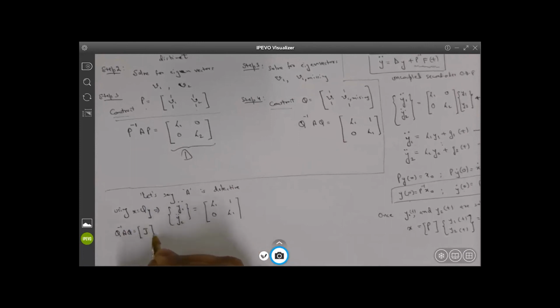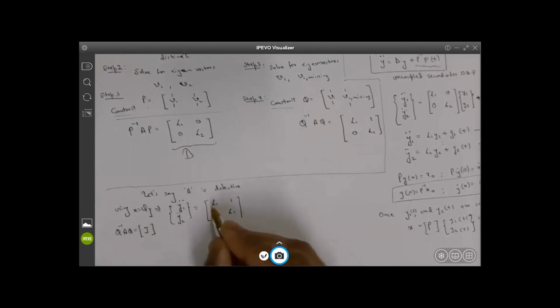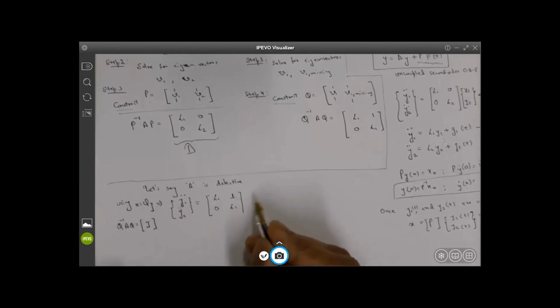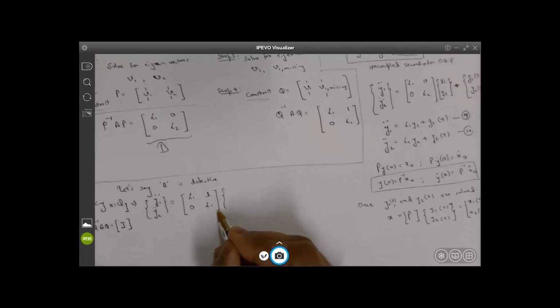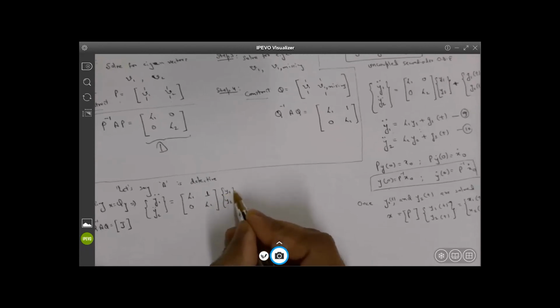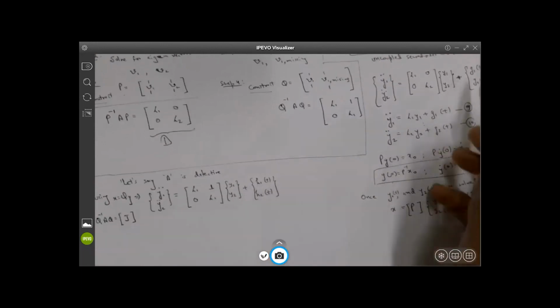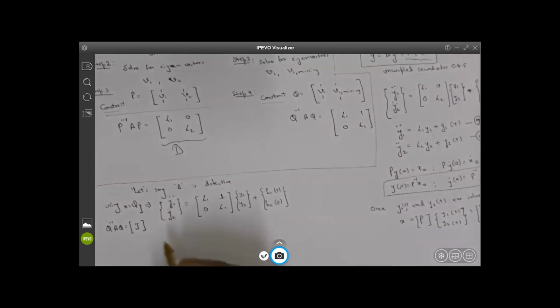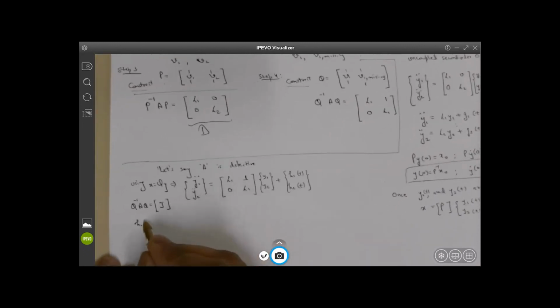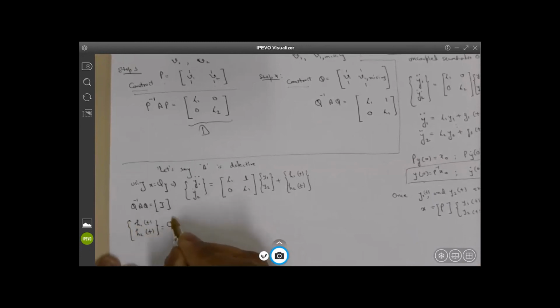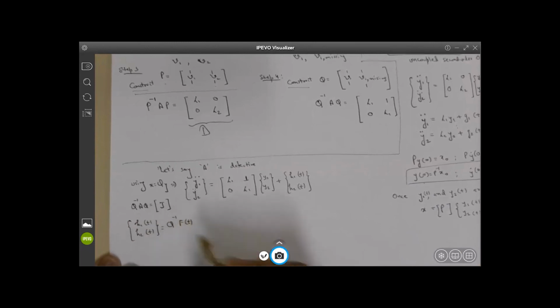It will be a J matrix, a Jordan form matrix, where lambdas are on the diagonal and the number 1 is in the super diagonal position, times y1, y2 plus, let's call these h1(t) and h2(t), where instead of P inverse, it is Q inverse. So h1 and h2 are Q inverse f(t).